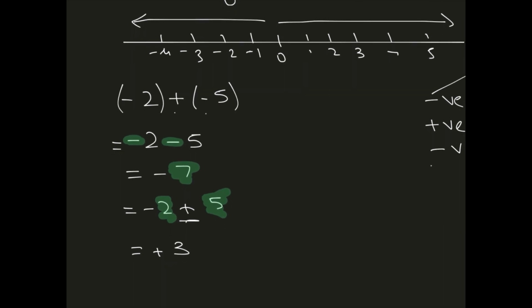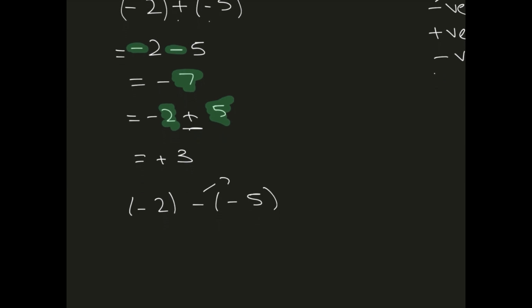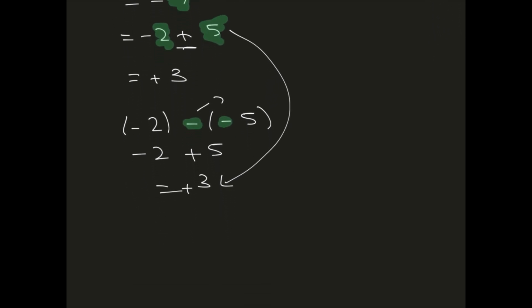So 3 will be our answer. In the same way, if we had -2 minus -5, in this way we are subtracting. These two signs get multiplied, so negative and negative multiply to become positive. So that will be -2 plus 5, and we'll have an outcome of +3, right?